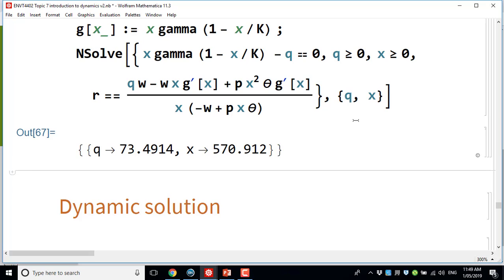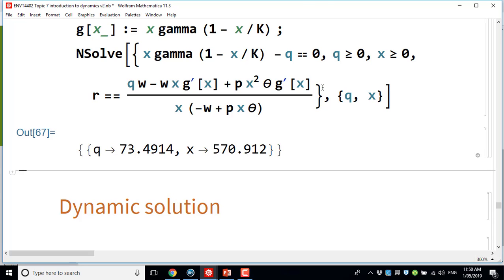So as the discount rate goes up, then holding everything else equal, the stock comes down. If the cost of fishing goes up, then the optimal stock of fish goes up. So these are the optimal values. All right.